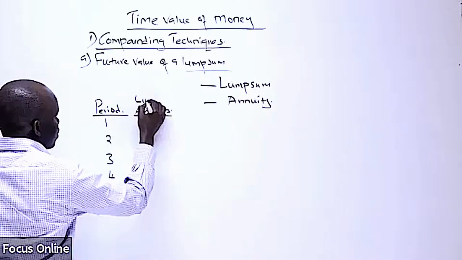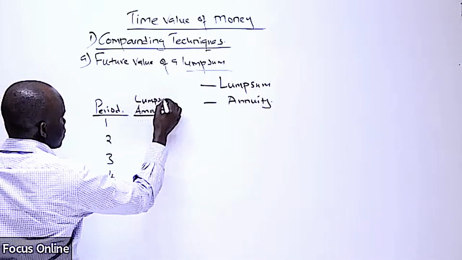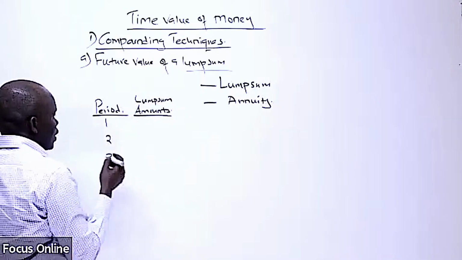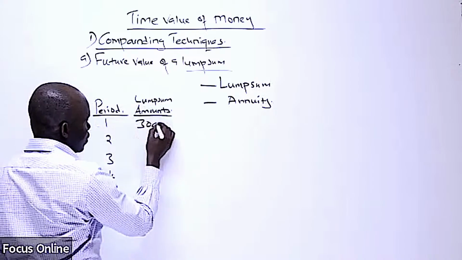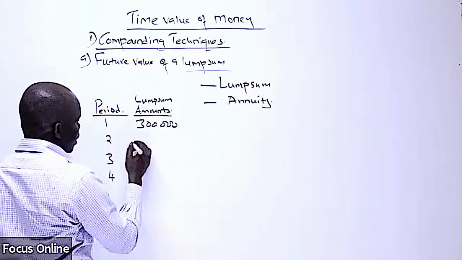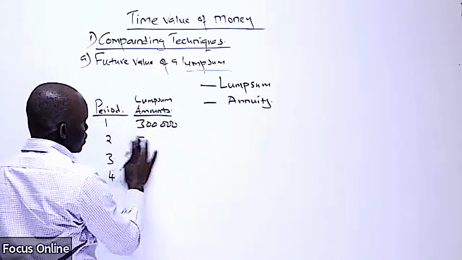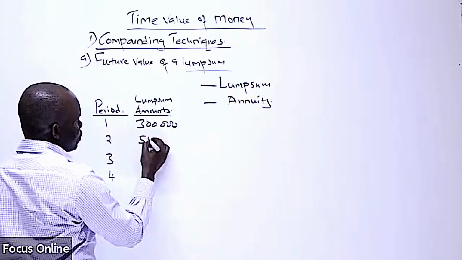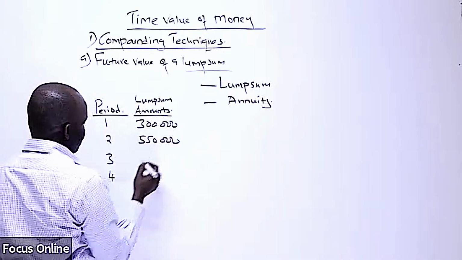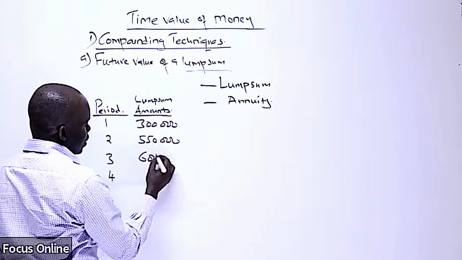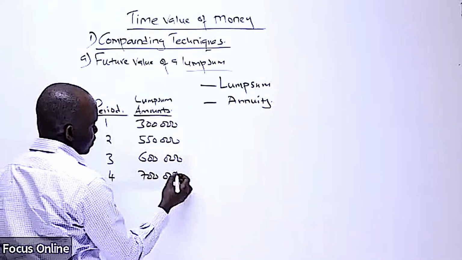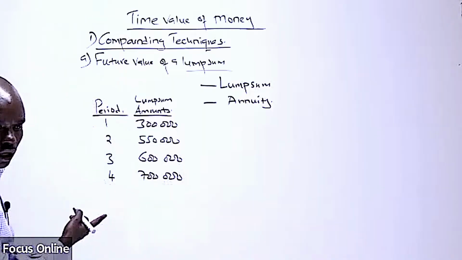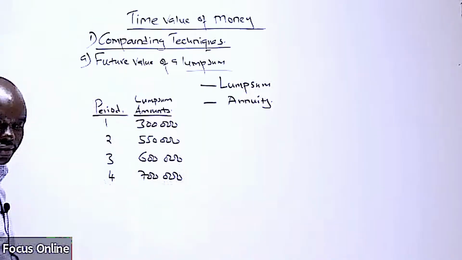Let's say in year 1, the amount is 300,000. In year 2, it's 550,000, then 600,000, and 700,000. All these are what we call lump sums.